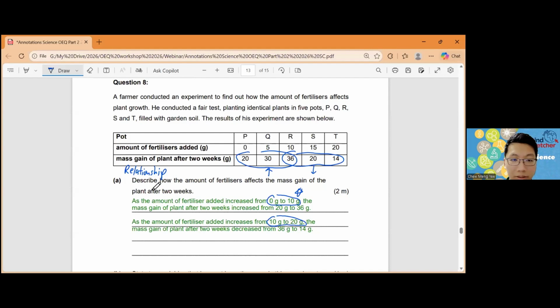Yes, Gabriel, your answer is the same as mine. Thank you. Yes, again, you have to write both because these are two trends in the same experiment. So you have to write both.